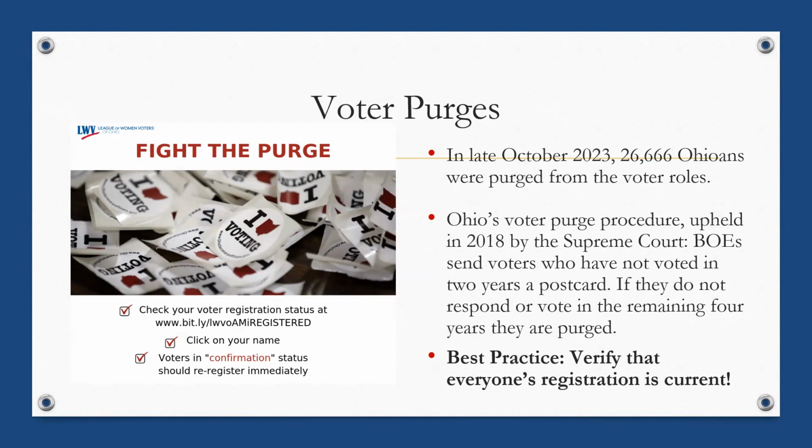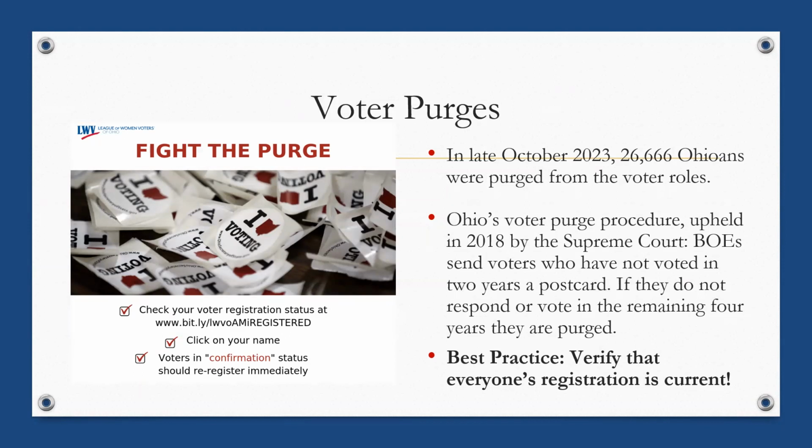So the Secretary of State in Ohio regularly goes through the voter rolls and checks to make sure that the voter rolls are up to date. And that means checking to see if people have passed away, they need to be taken off the voter rolls, if they've moved, things like that. The last voter purge happened in October 2023. About 26,000 Ohioans were purged from the voter rolls.